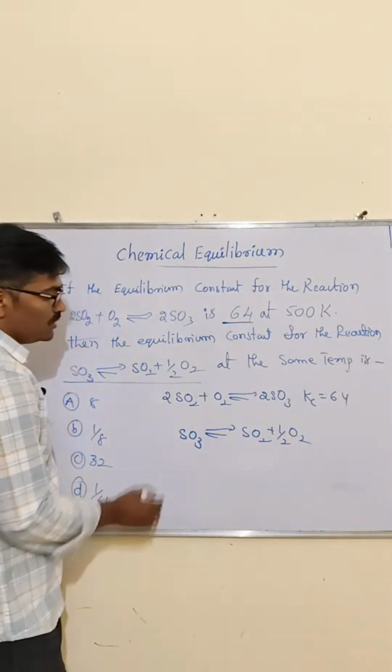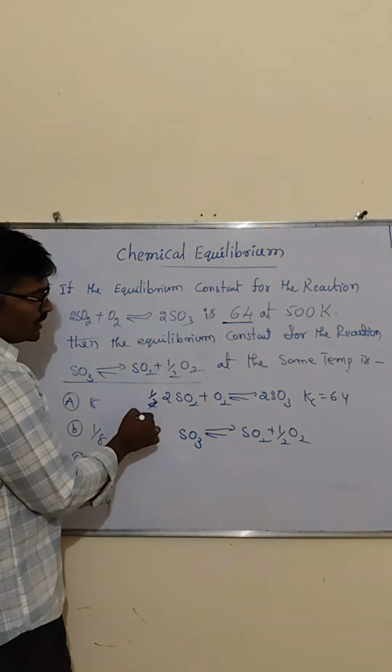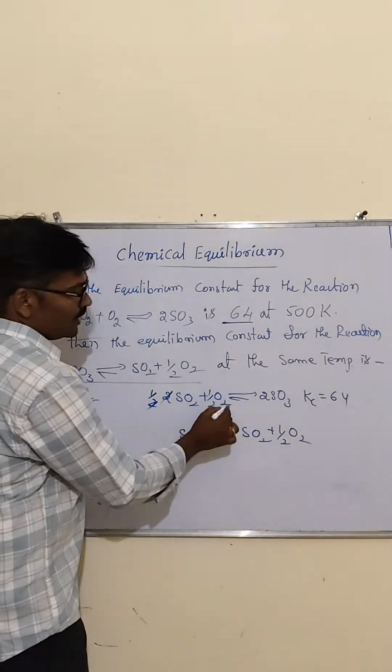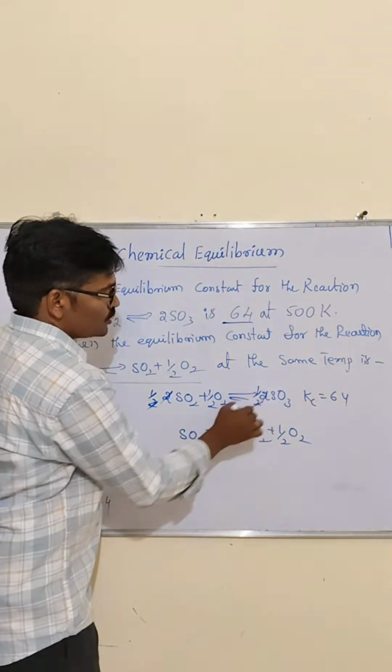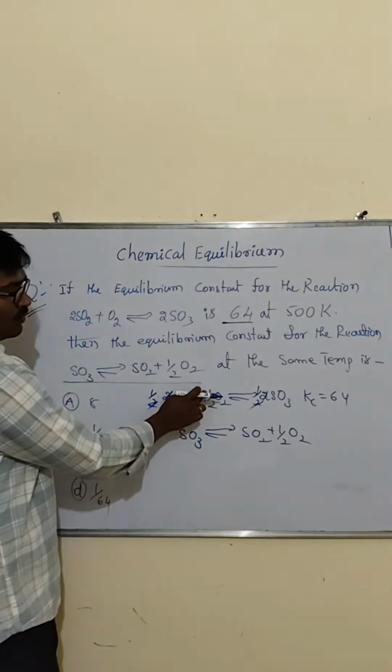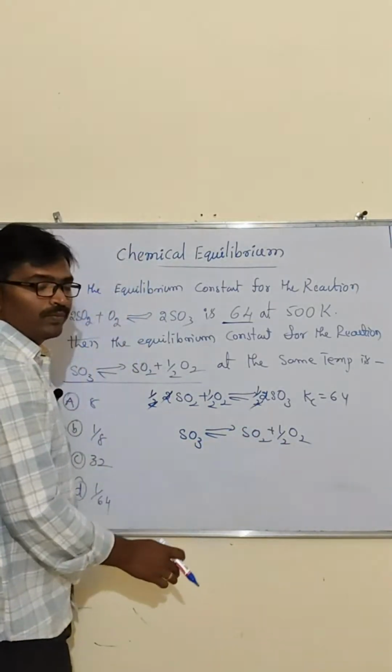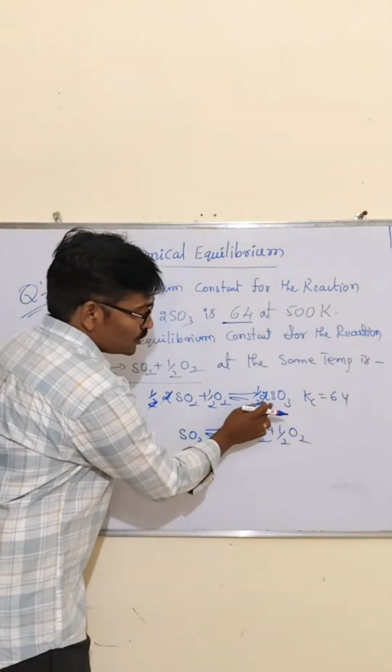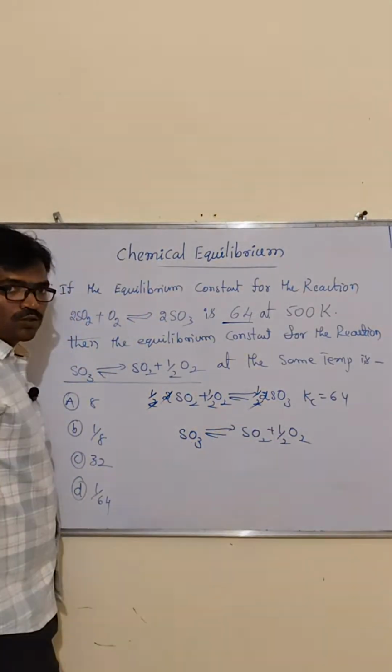When you multiply the total equation by 1 by 2, the 2s cancel: 1 SO2, then 1 by 2 O2, and 1 SO3.